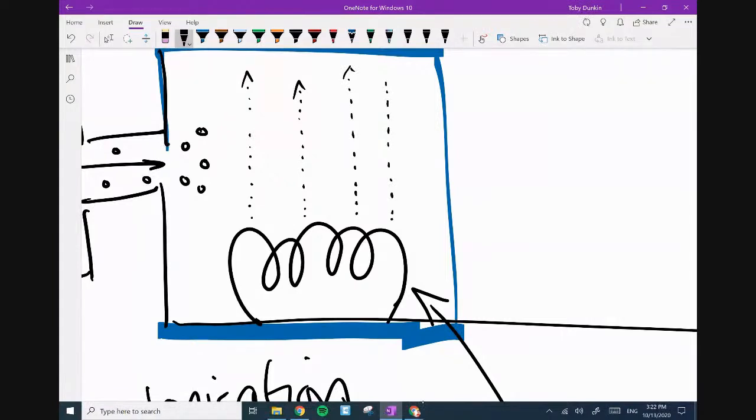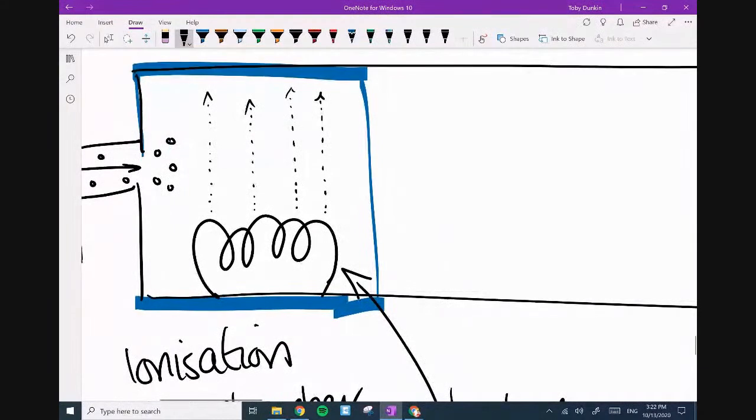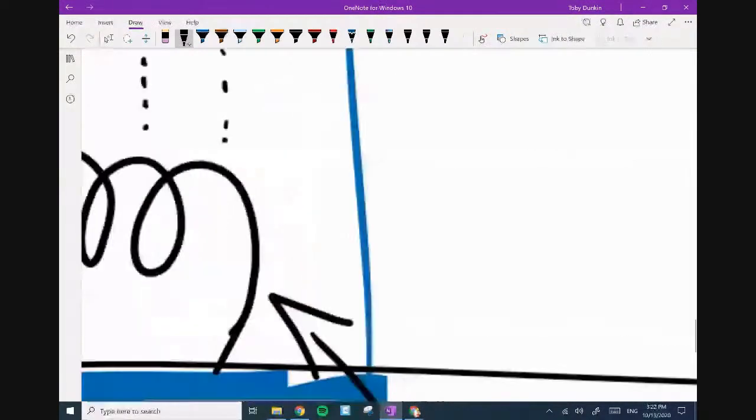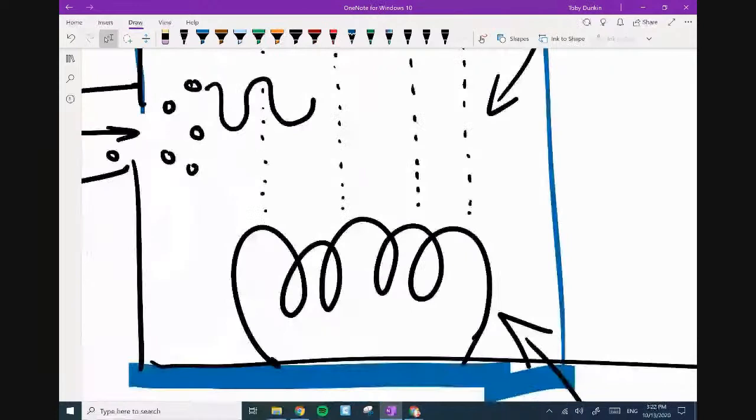There are these electrons streaming across here. These are high energy electrons. As soon as the atoms wander into this pathway, they're going to get hit by an electron.